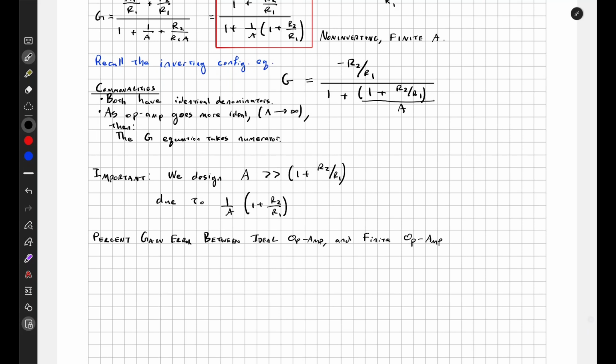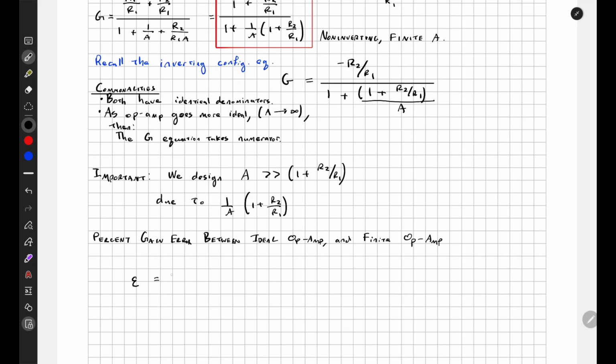I'm not going to go through how we can generate this equation, because we already did that for the inverting configuration, so I'm not going to repeat it here. But I will just provide the equation.